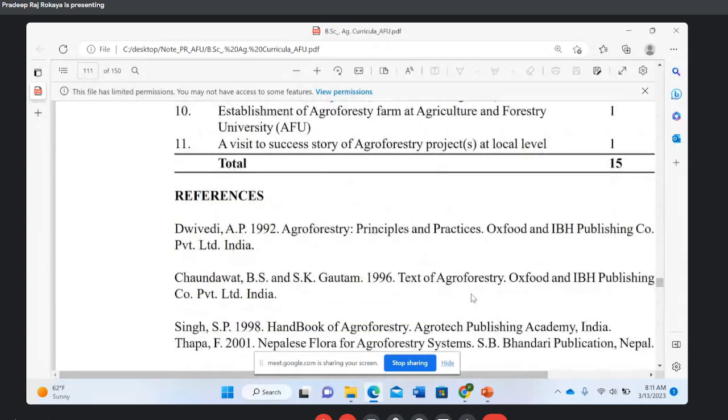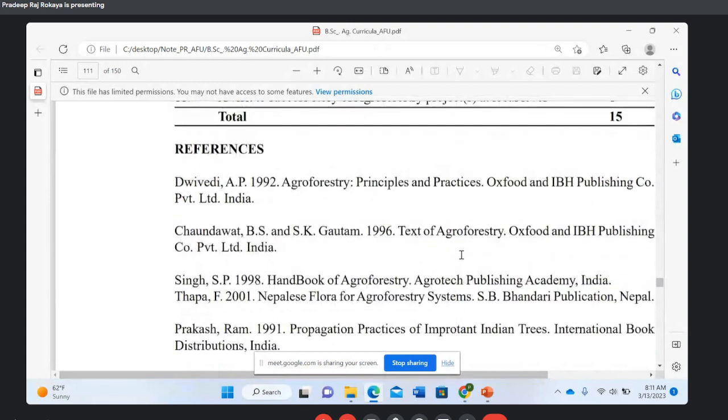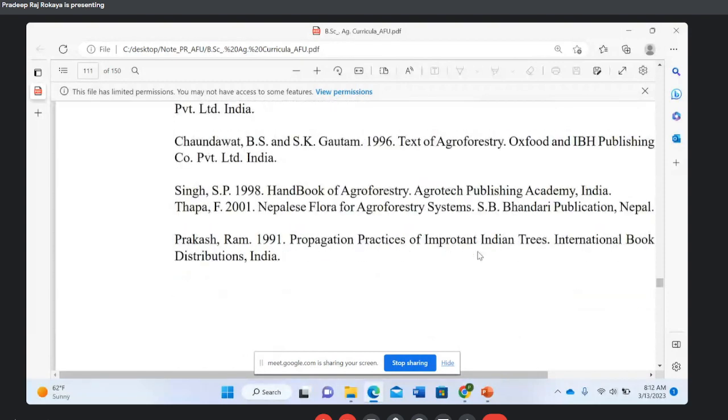These are some references. Reference books: Dwivedi, Agroforestry Principles and Practices, Oxford and IBH Publishing Company Private Limited, India. Chundawat, B.S. and S.K. Gautam, 1996, Textbook of Agroforestry, Oxford and IBH Publishing Company Private Limited, India.